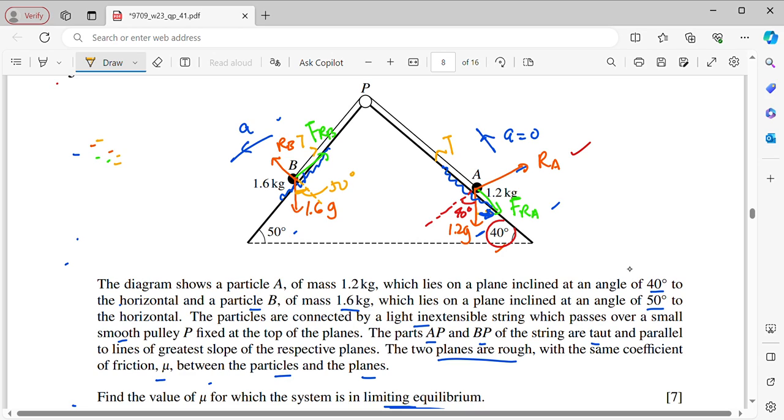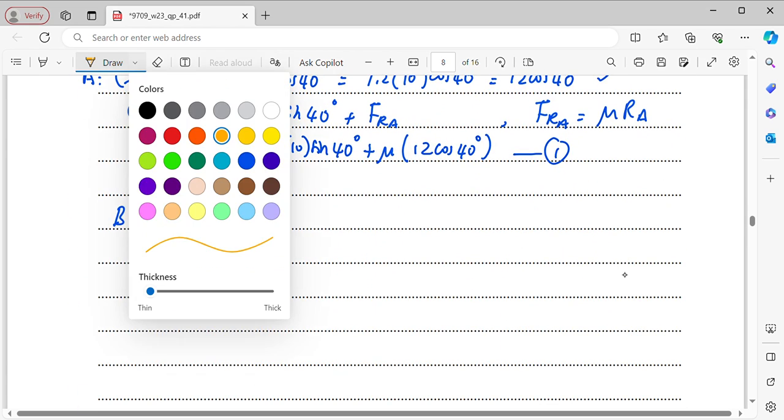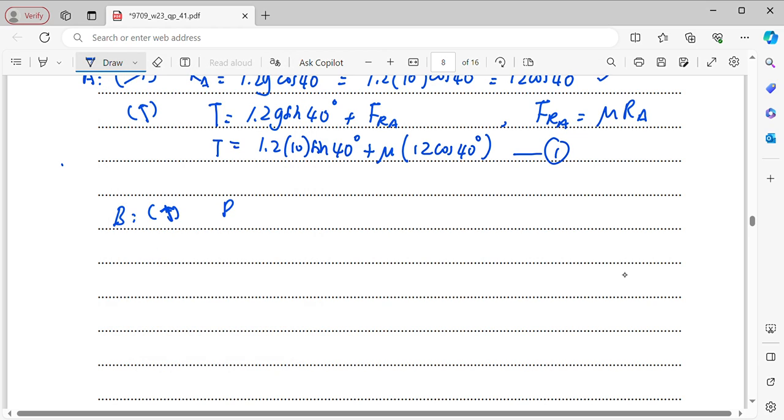So RB is basically 1.6 g cos 50 degrees. So this is 1.6, g is 10, cos 50 degrees. So this is going to be 16 cos 50 degrees.